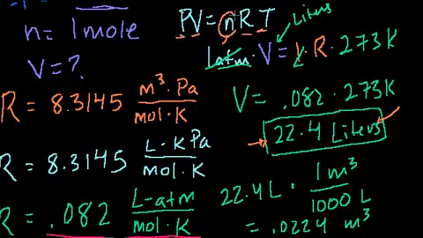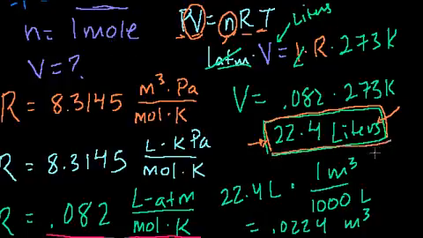So if you double the number of moles, you're going to double the volume it takes up. Or if you halve the number of moles, you're going to halve the volume. So it's a useful thing to know that at standard temperature and pressure, defined as 1 atmosphere and 273 degrees Kelvin, an ideal gas will take up 22.4 liters of volume.